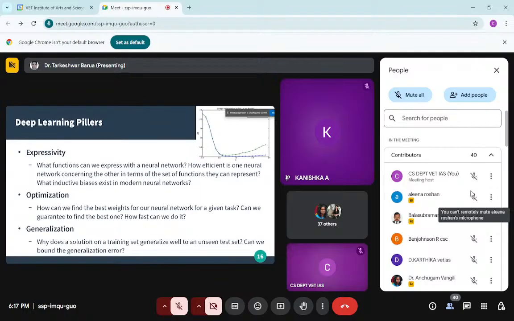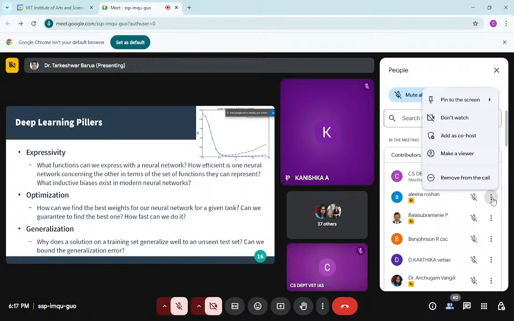So what else is needed? Expressibility, in the sense of what neural network you are trying to get done. How efficiently can one neural network connect to another, in terms of the set of functions they can represent? What inductive bias exists in modern neural networks?